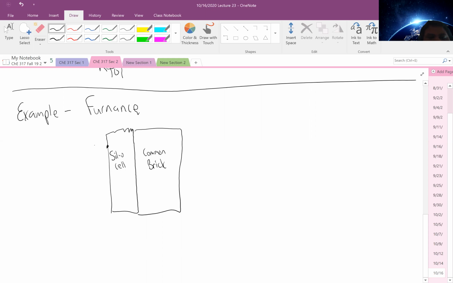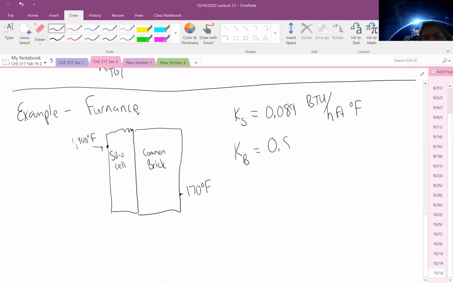The temperature on the inside surface of the silocell is about 1400 degrees Fahrenheit. The outer surface of the common brick is 170 degrees Fahrenheit. The thermal conductivity of the silocell brick is approximately 0.089 BTUs per hour per foot degree Fahrenheit. That of the common brick is approximately 0.8 BTUs per hour per foot degree Fahrenheit.